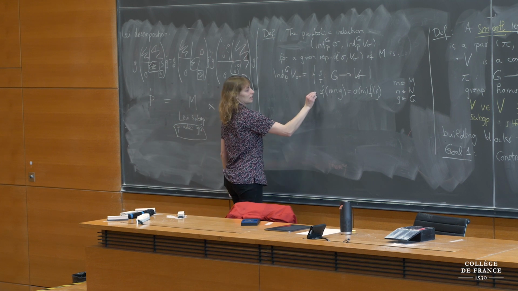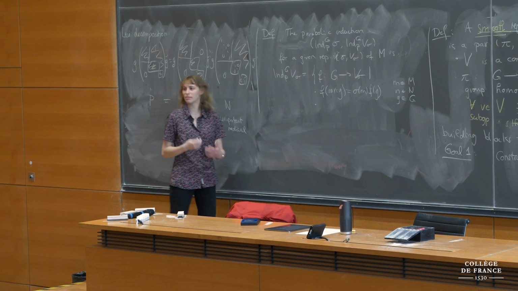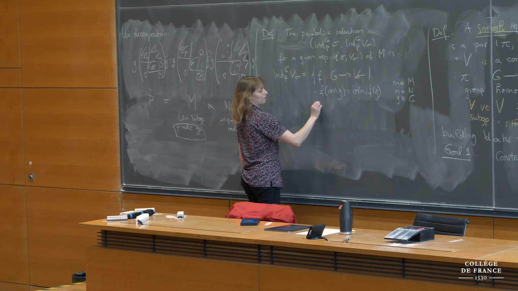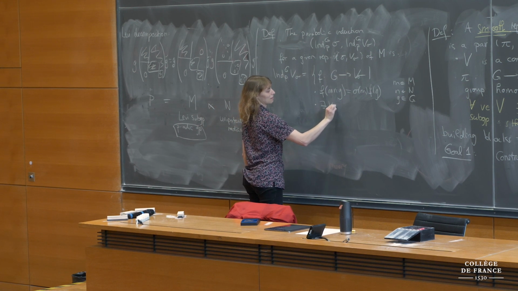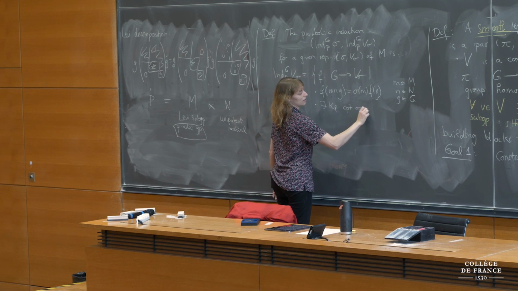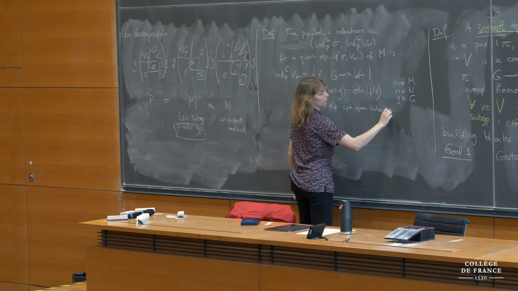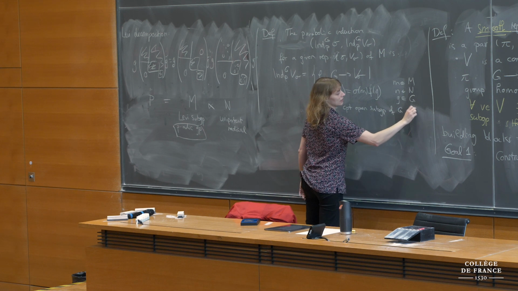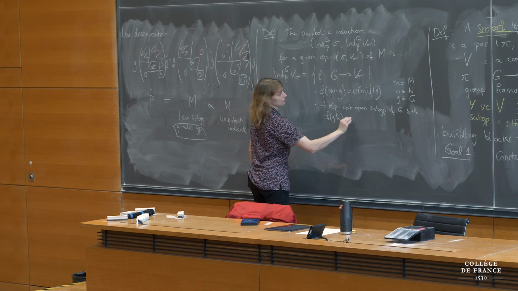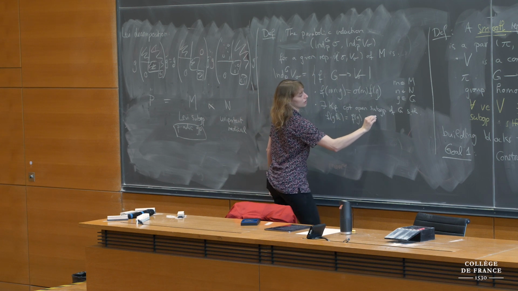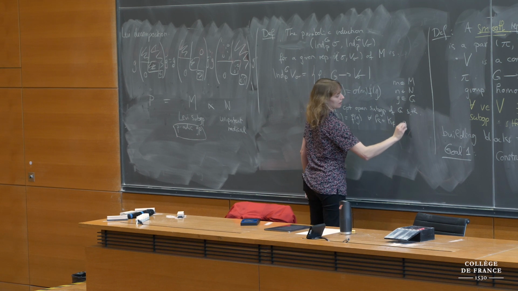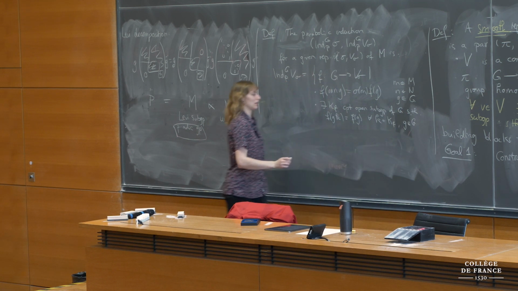That's the first condition. And the second condition is we want it to be a smooth representation, and this is ensured by saying that there exists some compact open subgroup K_f of G such that f of gk is equal to f of g for all small k inside this K_f that's attached to f.